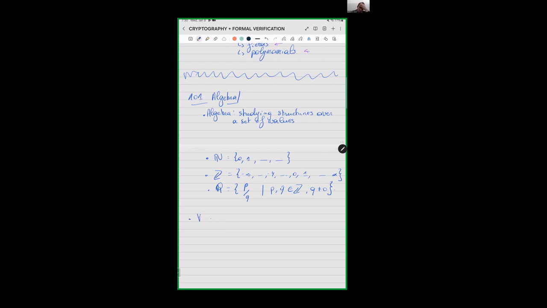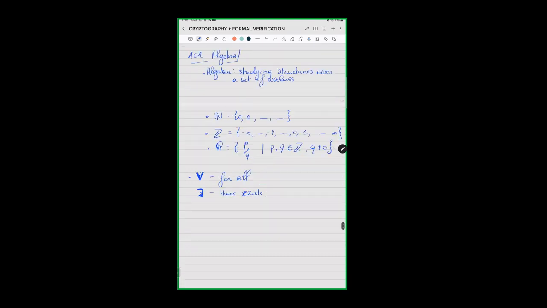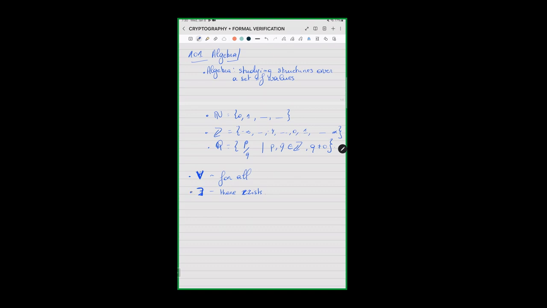We're going to use very often these symbols, which mean for all, there exists, some value, etc. For instance, this means for all x in the naturals, there exists another natural y such that x plus y equals z.